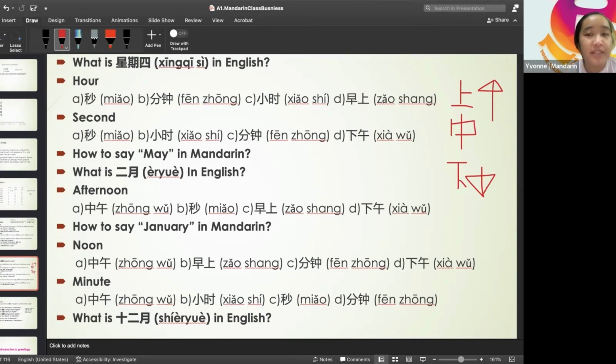Have you seen the resemblance? 上 is up, 下 is down, 中 is in the middle. Exactly like the time, remember? 上午 the first half of the day. 中午 is the midday. 下午 is the afternoon. 上中下. This is how you can remember, okay? Next one, minute. Which one is minute here?